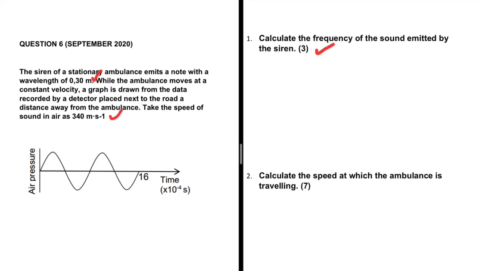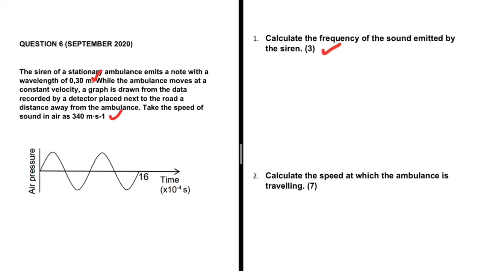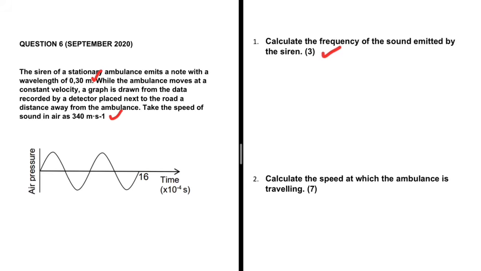Right, let's go back to our question and see how we can possibly answer it. Calculate the frequency of the sound emitted by the siren. The only information we have with regards to the sound emitted by the siren is the wavelength. We know that the wavelength emitted by the siren is 0.3 meters.